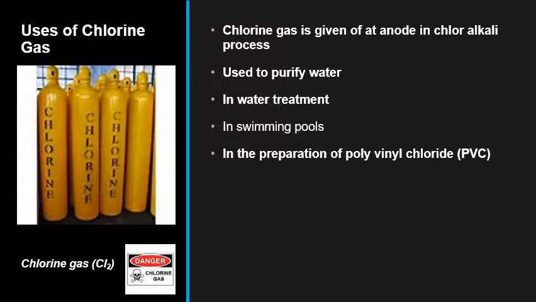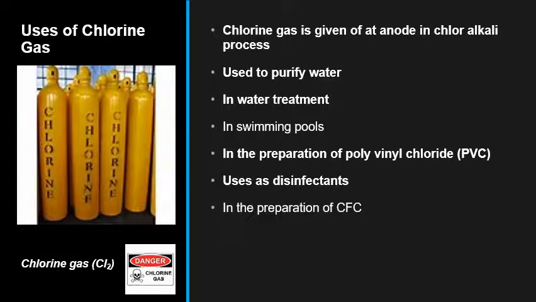And in the preparation of PVC pipes, have you heard already? This is also an artificial fiber you learned about, PVC, polyvinyl chloride. This chlorine gas is used in PVC pipes, water pipes, plastic water pipes. In the preparation, chlorine gas is used, and to kill germs it is also used as a disinfectant.